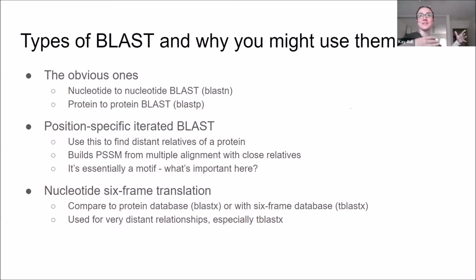Of course, this is a much bigger computational task. It takes longer, but it's useful for very distant relationships where you expect really low conservation. Maybe you can identify it that way, where there's conservation in the protein sequence, even if the underlying codons are changing.